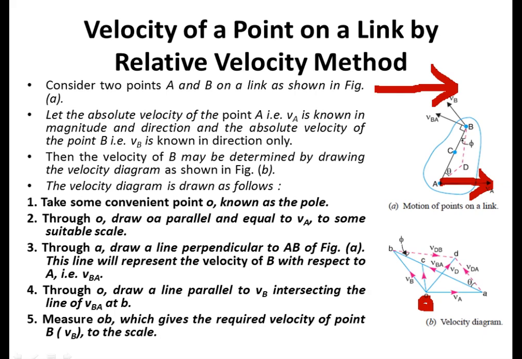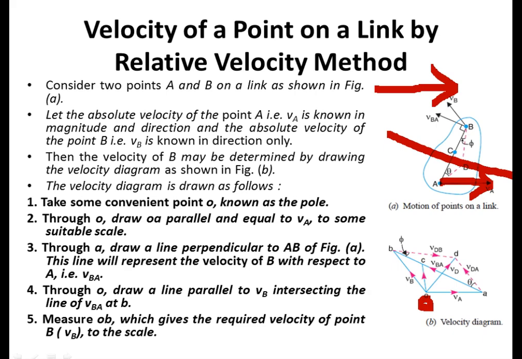So what is the perpendicular to AB? It means the perpendicular in this direction. This is AB, so perpendicular to this is this direction. Okay, so in this direction only you have to draw.